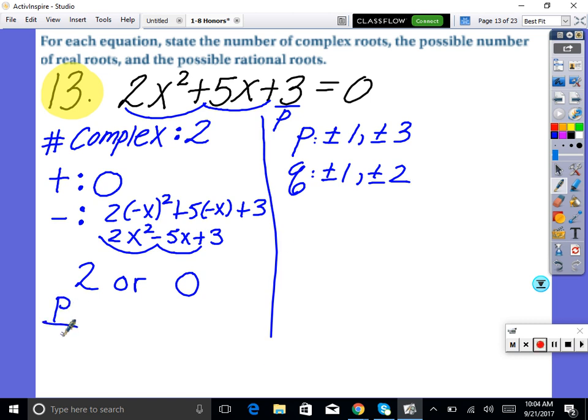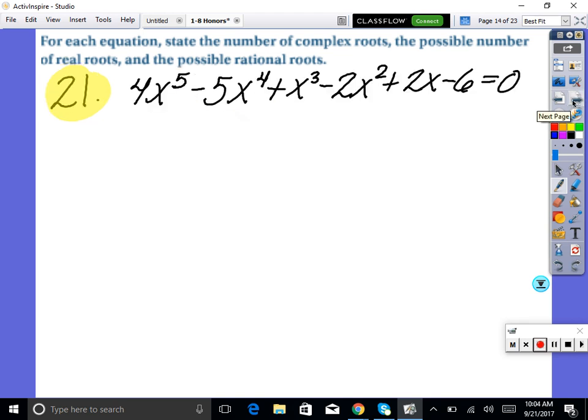So P over Q's rational roots would be plus or minus 1, 1/2, 3, 3/2. Luckily, it's not asking us to now go find all the rational roots, and it's not asking us to solve all the roots. That's all it's asking for, is possible answers here. And we're done with that problem. Pretty easy, right? Yep. Okay, let's do 21.